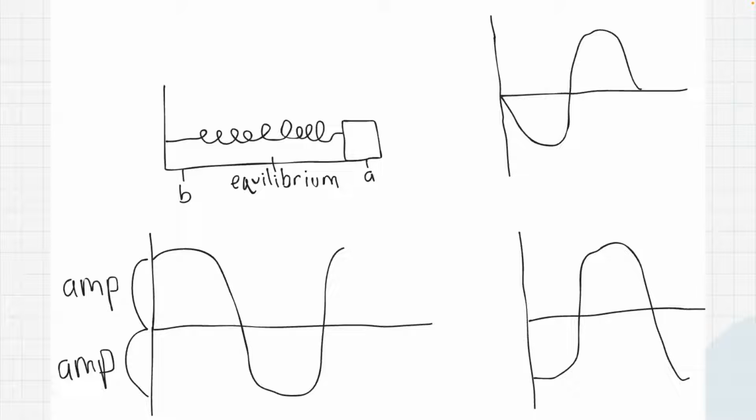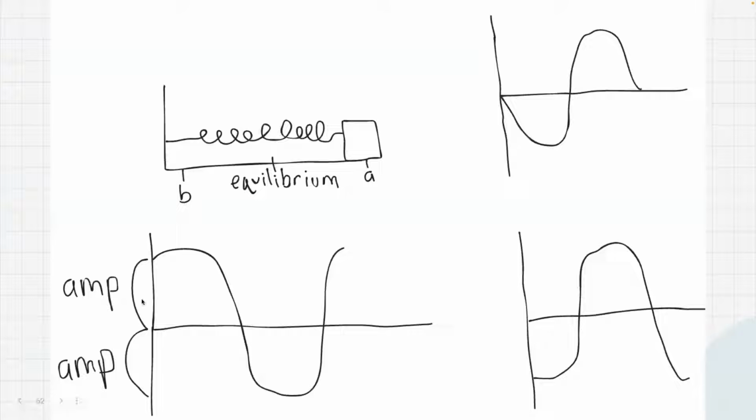Well, first of all, we're assuming it starts off not at the equilibrium. So at t equals 0, it's at A. So that automatically rules out the upper right one.